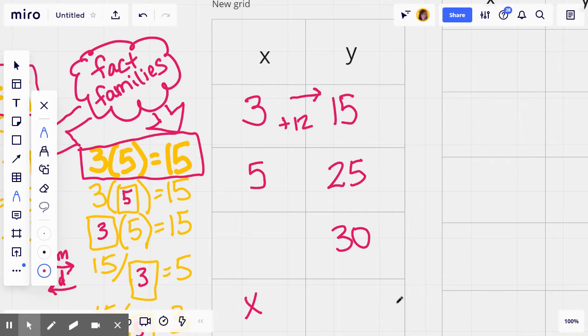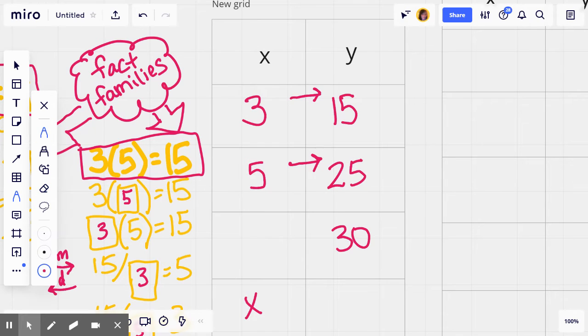Now remember, with tables, the same rule has to apply all the way through the table. So if this set is connected by adding 12, then this one does too. So is 5 plus 12 equal to 25? Oh, no, it's not, is it? 5 plus 12 is 17. So that is not the rule for this table.